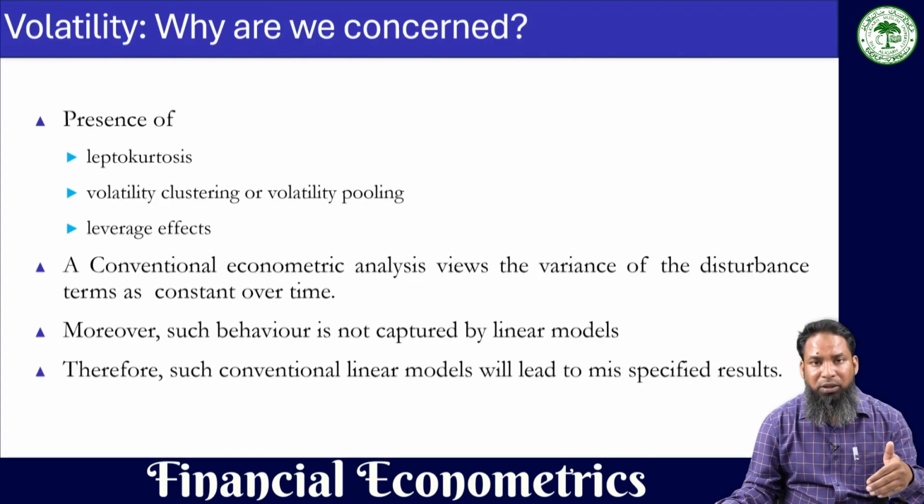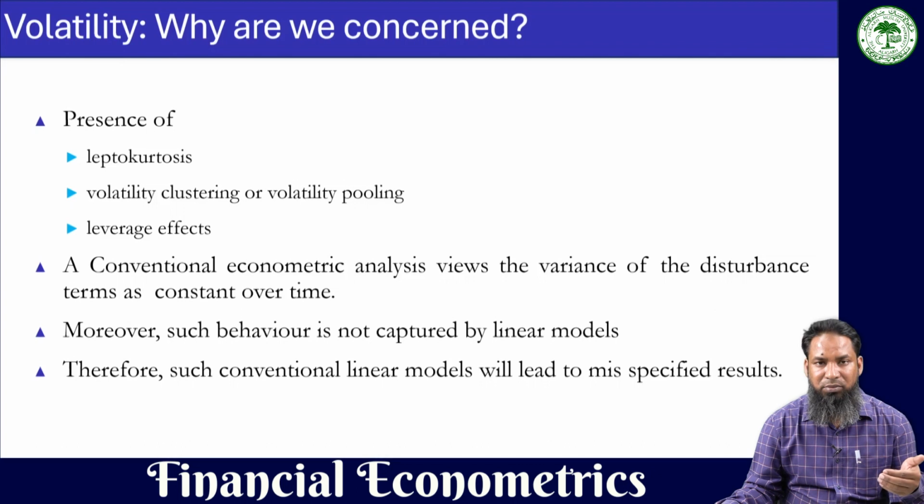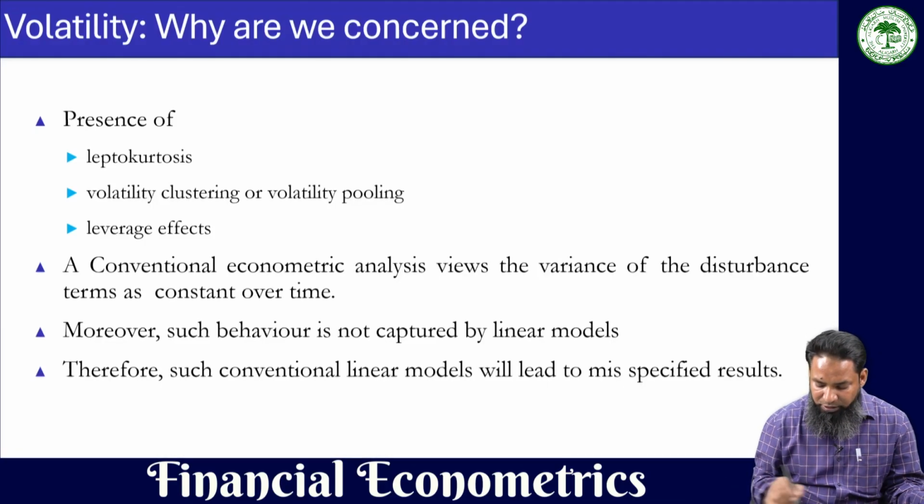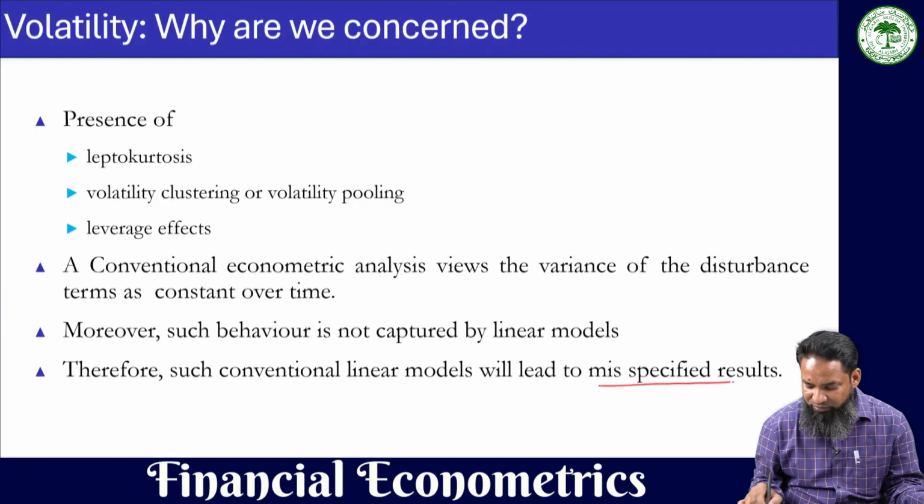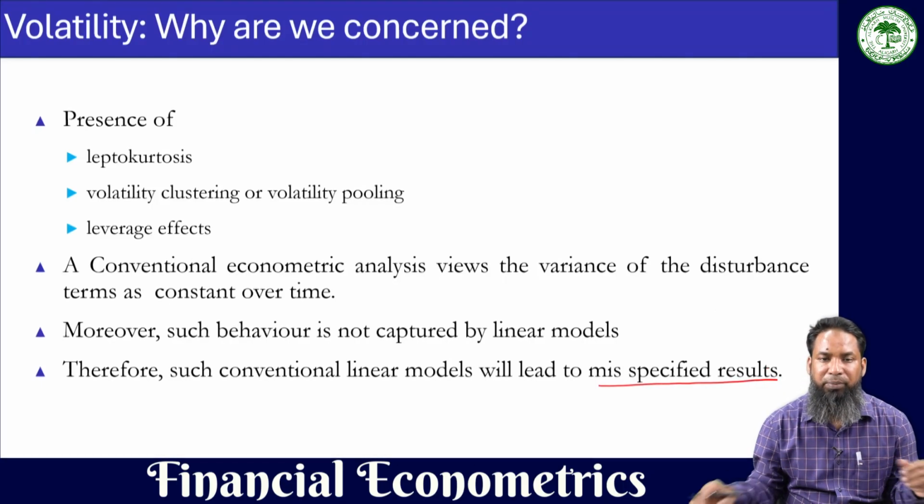Therefore, if we use such conventional linear models to explain, predict or model financial data which shows this kind of behavior, it will lead to misspecified results. So results will not be reliable.